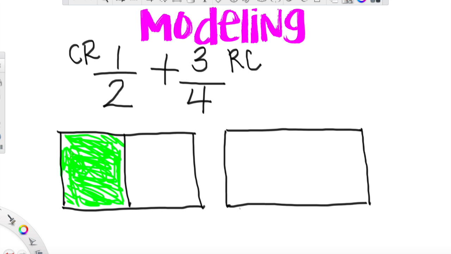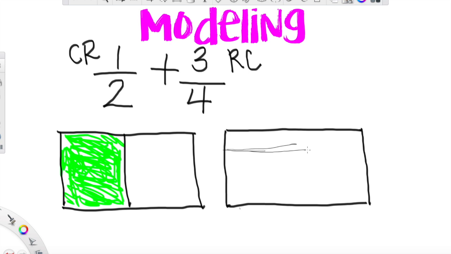Beautiful. And then 3/4 is going to be divided into 4 rows. Hang with me, guys.